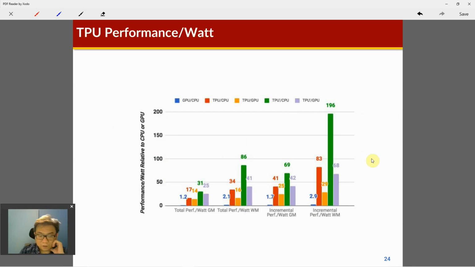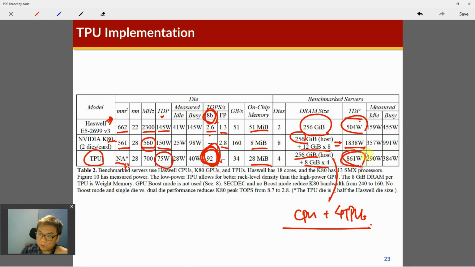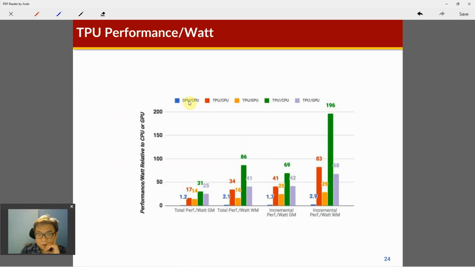Google also shows the performance per watt, which is the performance divided by power consumption, because the power consumption of the TPU server system is higher than the Intel server system. In this graph, the blue bar compares GPU over CPU, the red is TPU over CPU, and the yellow is TPU over GPU.